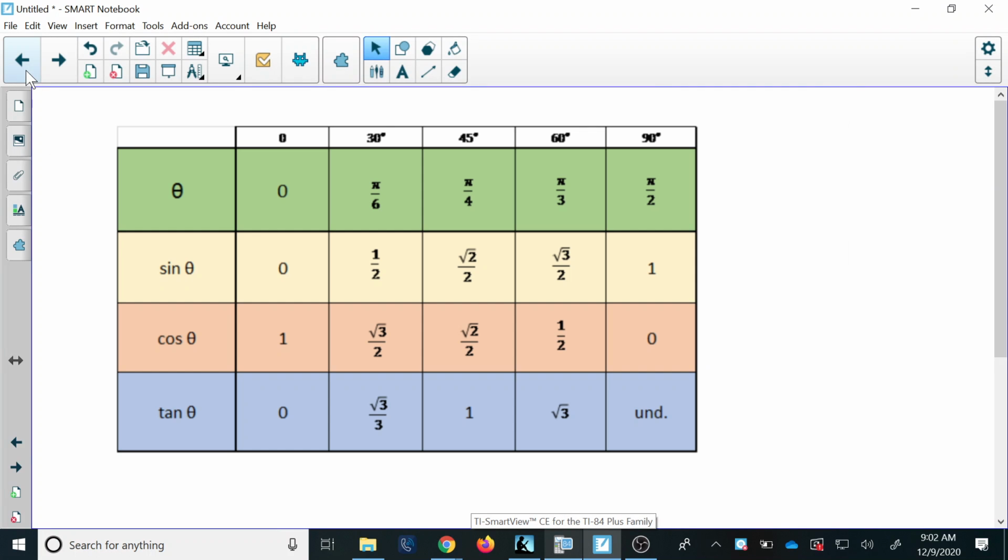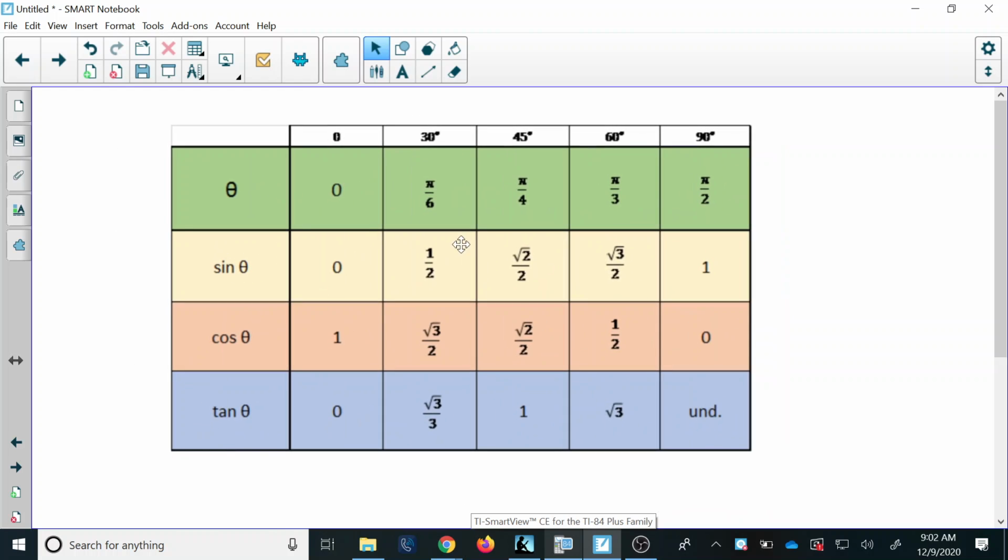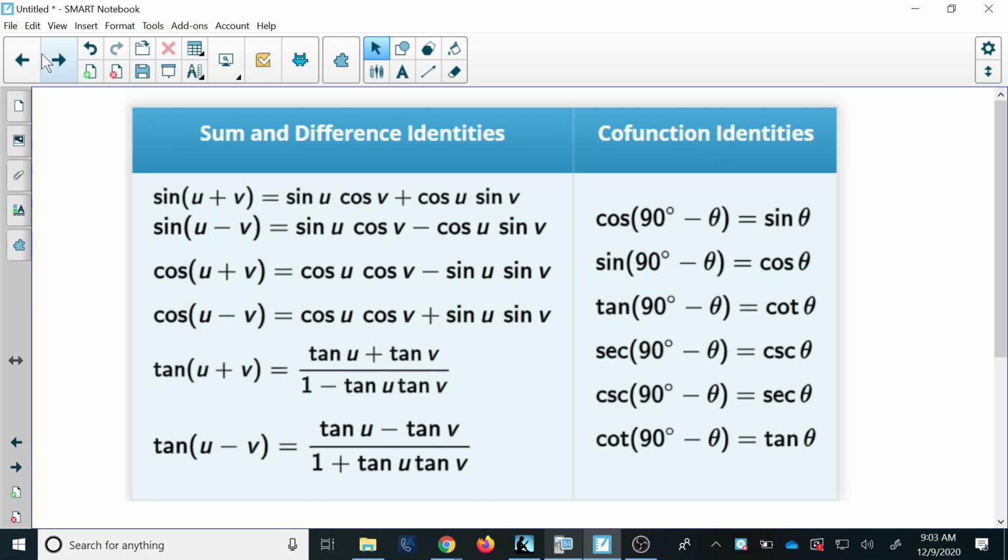And also the table for sine, cos, and tan that gives you the angle values from 0 to 90 will also be helpful to do these problems.